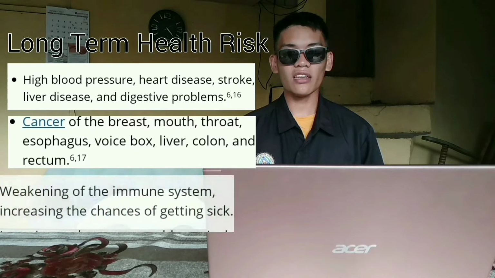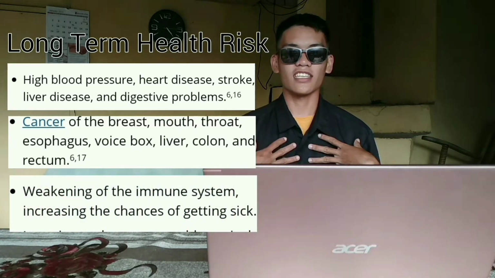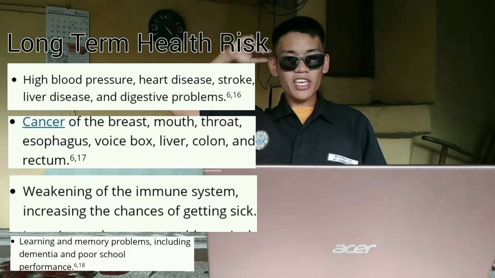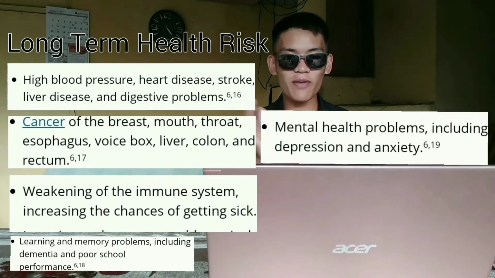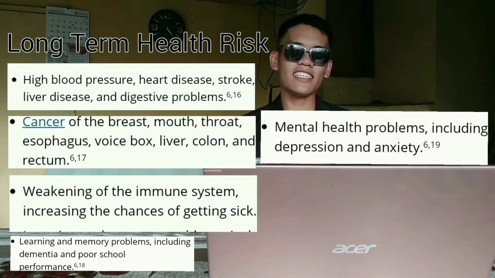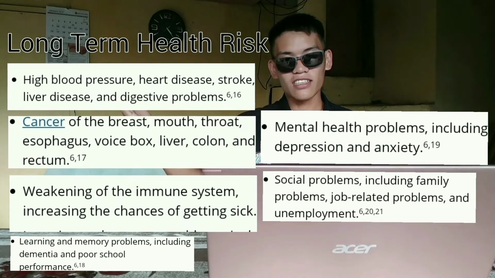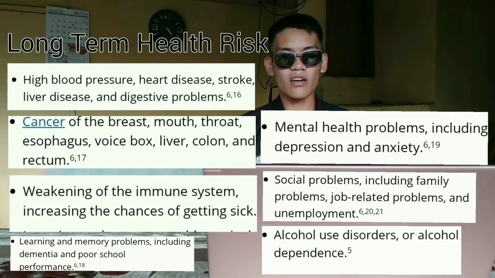Next is the weakening of the immune system, increased chances of getting sick, learning and memory problems, including dementia and poor school performance, mental health problems, including depression and anxiety, social problems, including family and job-related problems, and unemployment. And the last is alcohol use disorders or alcohol dependence.